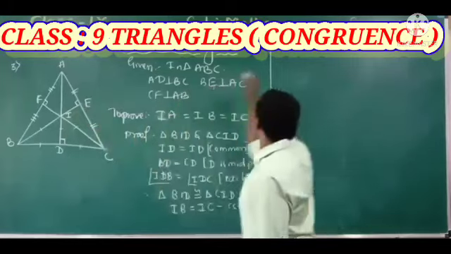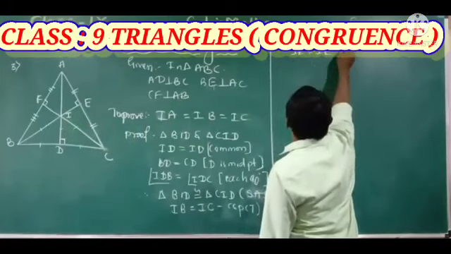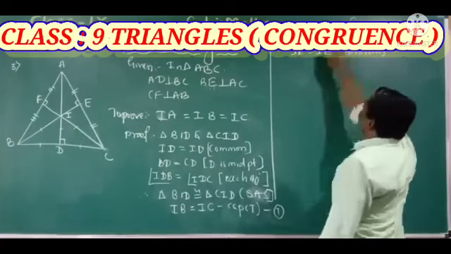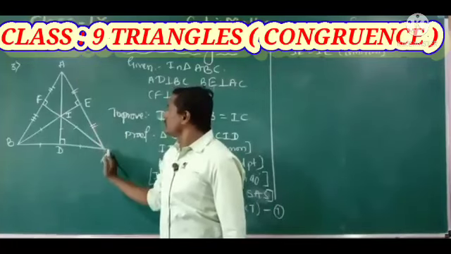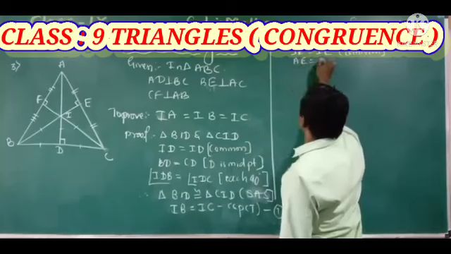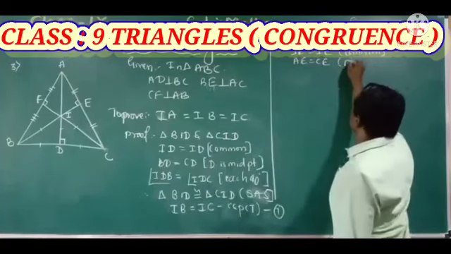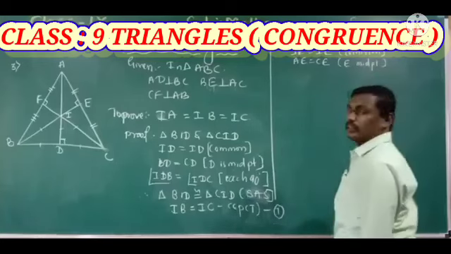IE is equal to IE. This is a common side for both these two triangles. Next one, AE is equal to CE, because E is a midpoint of the side AC.